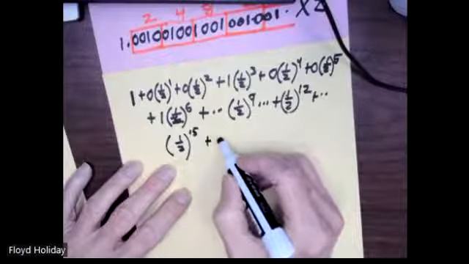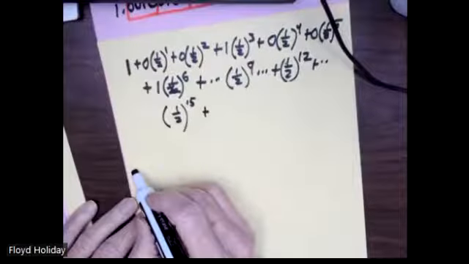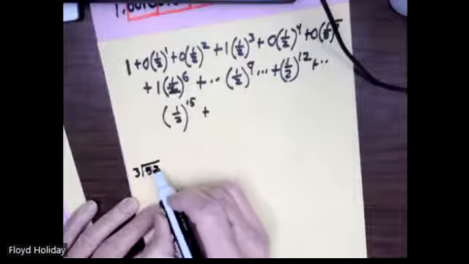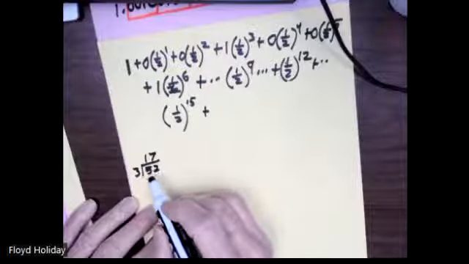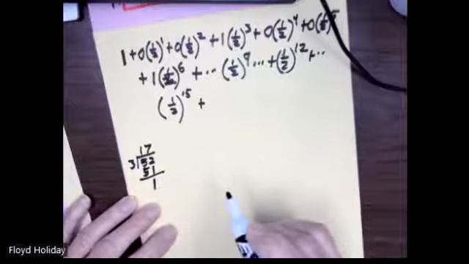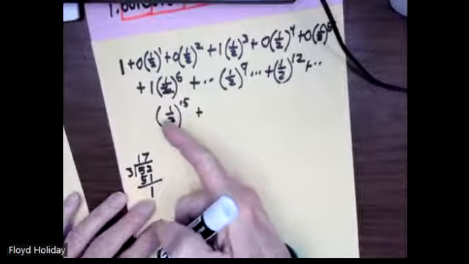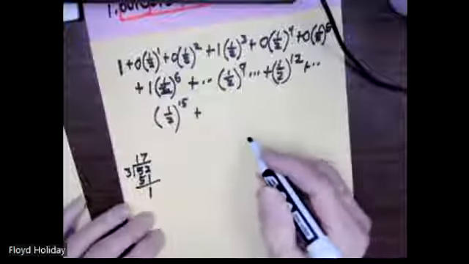Let's see. 52 is divisible by 3 exactly 17 times. No, that's not quite right. 17 times 3 is 51, and 1 left over. Okay, we're going to have 17 terms, and then there'll be a +0 term, which we throw away.